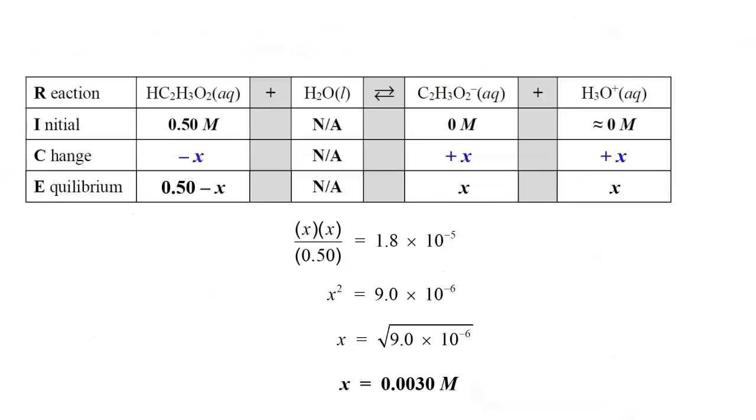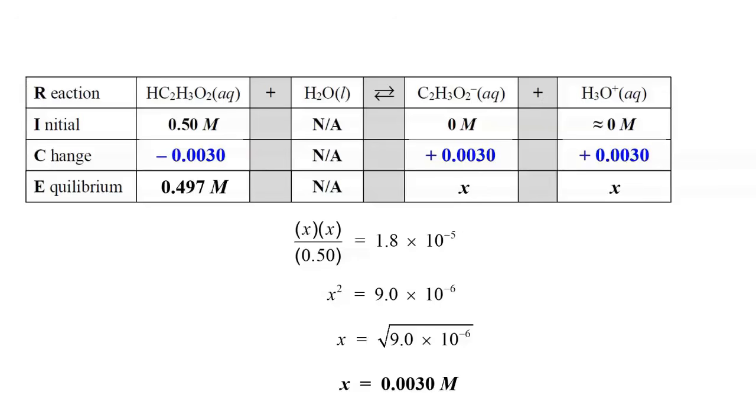Now that we have filled in our RICE table in terms of X, and we have solved for X, we can go back to that RICE table and replace the X with the actual number. So 0.003 now is substituted into the RICE table. So I'm going to fill in either minus or plus 0.003. I will then do the math from top to bottom. So 0.50 minus 0.003 becomes 0.497.